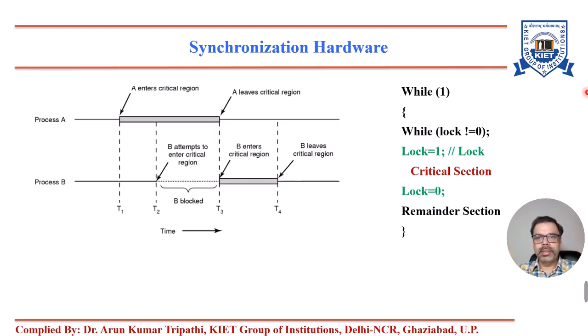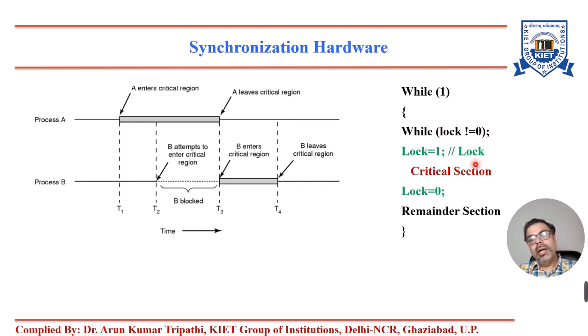How will it take place? Let us see. Initially, lock will have the value 0. It will check what the actual value of lock is. If lock is not equal to 0, the condition will be false. A process will enter into the critical section.